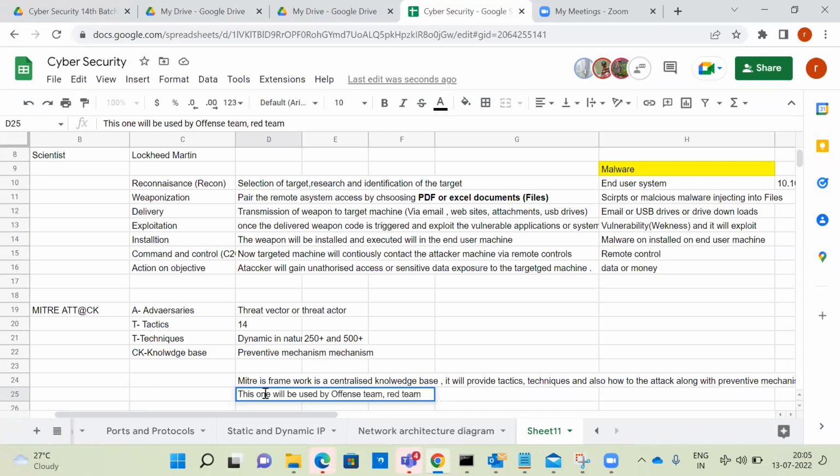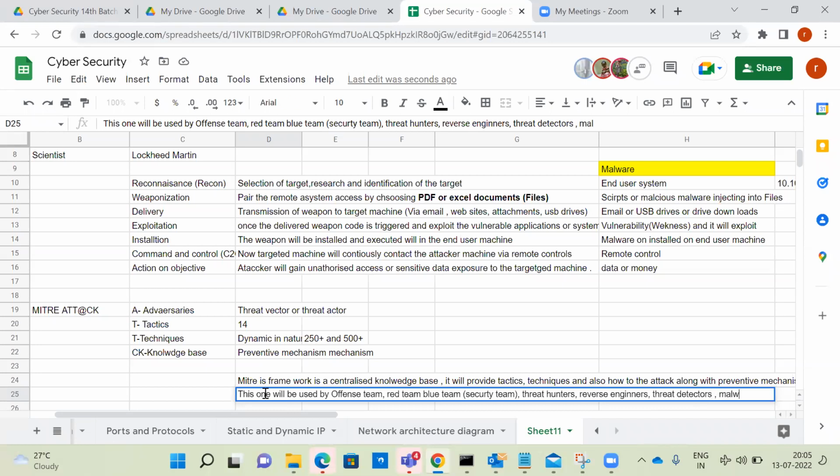It will be used by the offensive team, the red team, and the blue team. Blue team is nothing but our security team. It will also be used by threat hunters, reverse engineers, threat detectors, malware analysts, and so on.